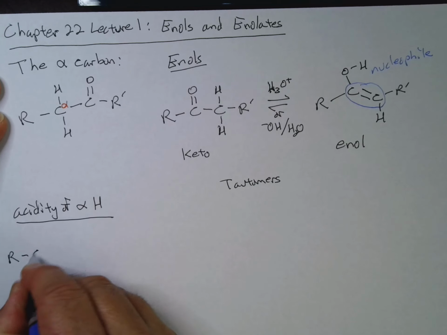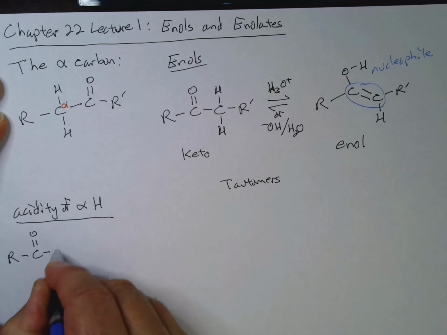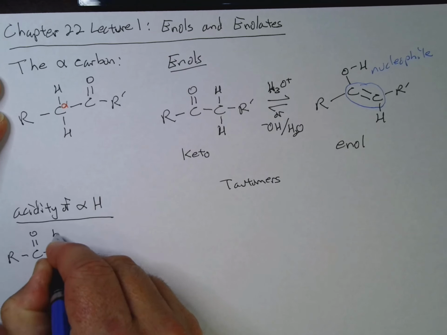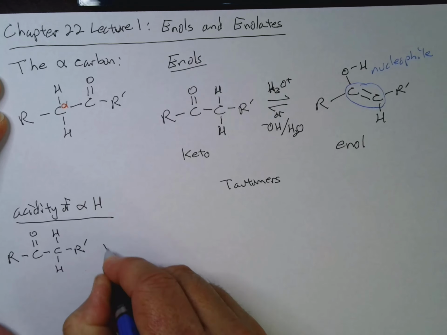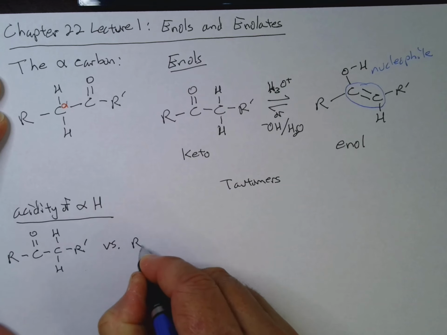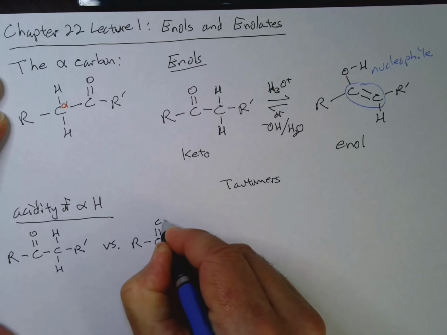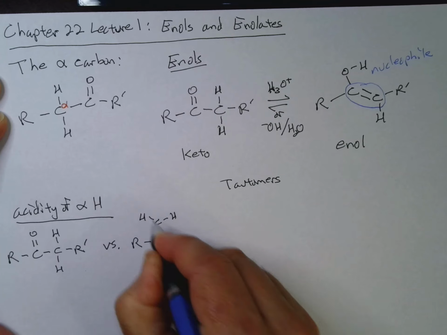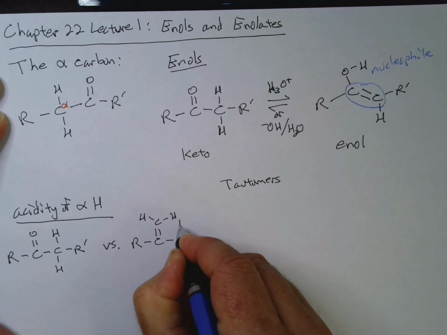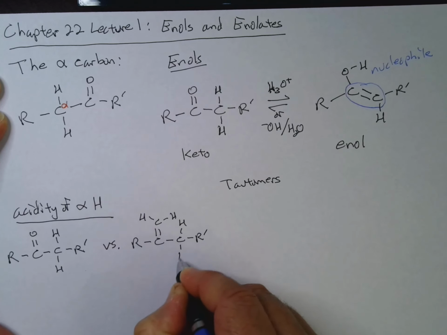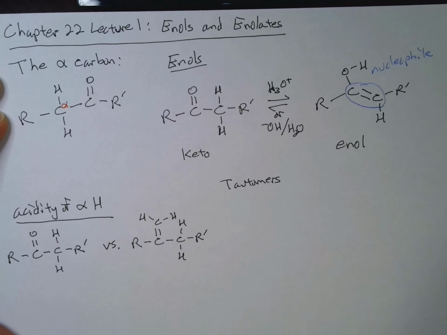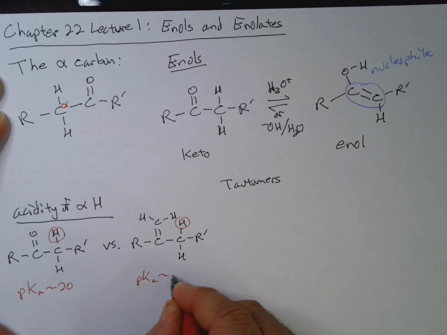If we have something like R-C(=O)-CH2-R', compare that to R-CH=CH-CH3. The pKa of that guy is around 20, and the pKa of that guy is, I don't know, around 45 or so.